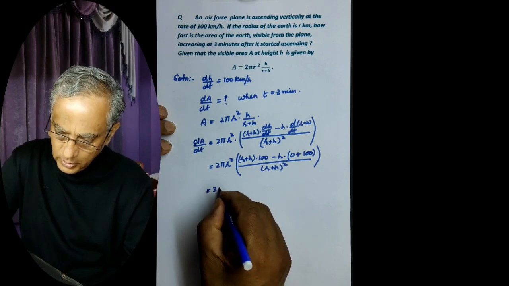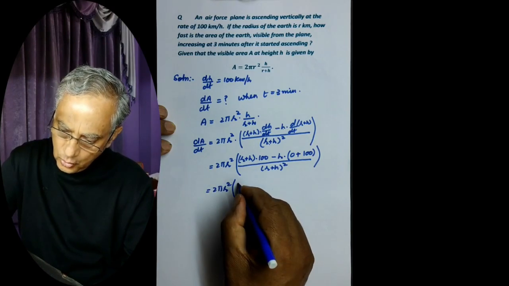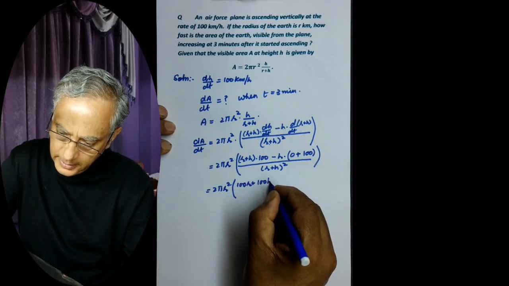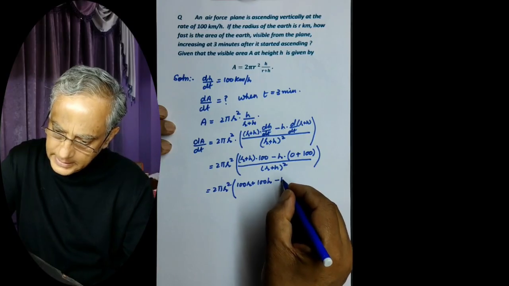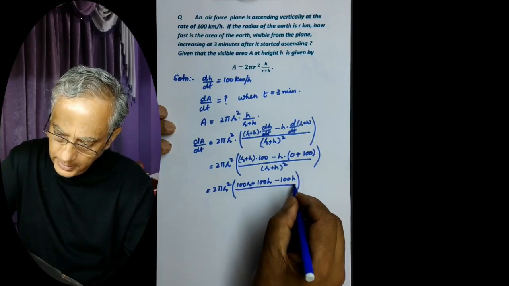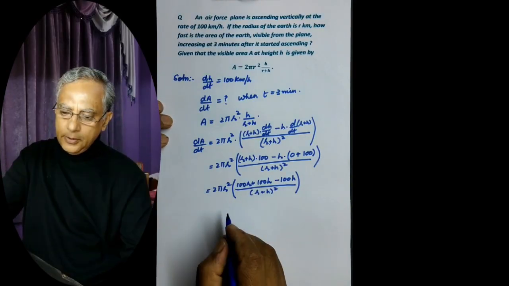So this is equal to 2 pi r square into 100 r plus 100 h minus 100 h, whole divided by r plus h whole square.